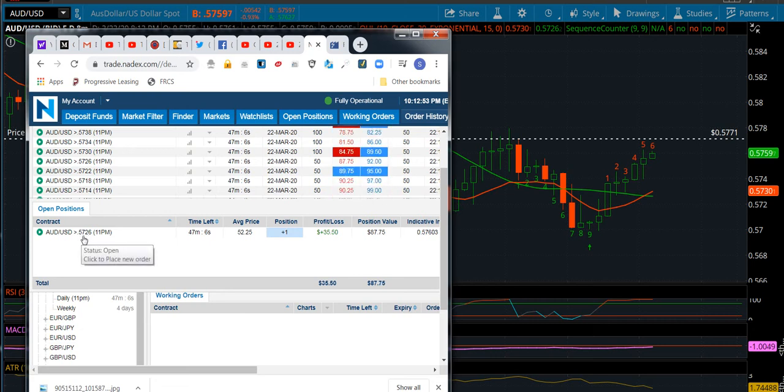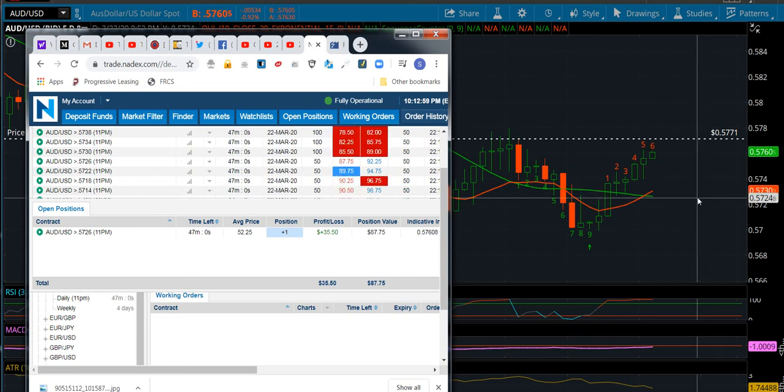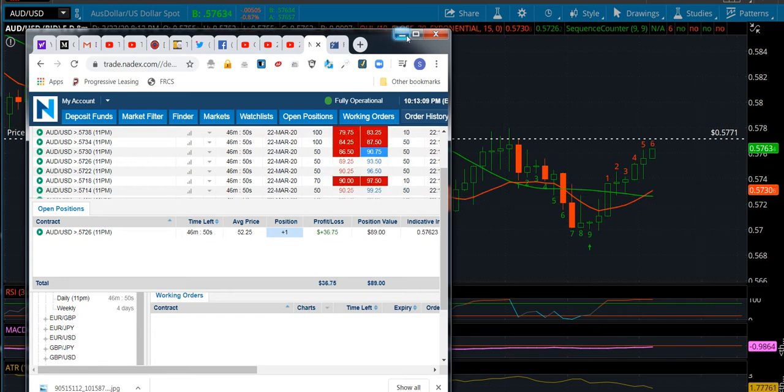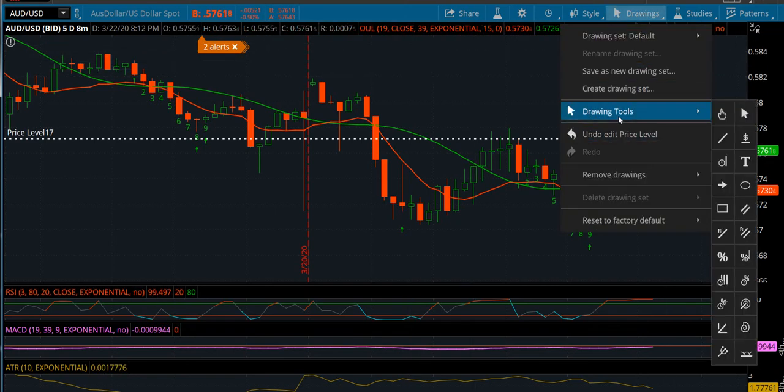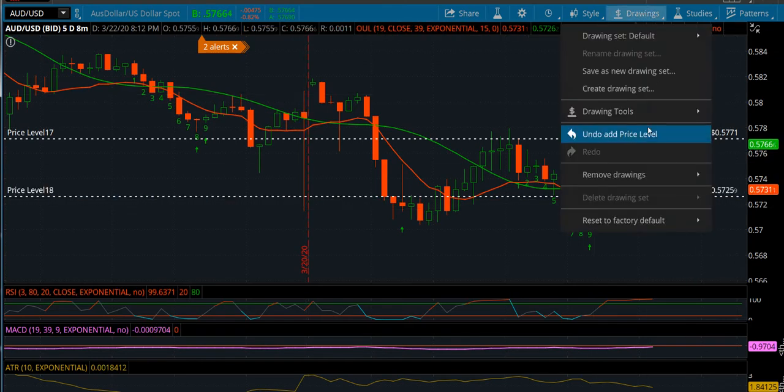because as long as price is above 57.26. 57.26 is down here. So as long as price stays up above this, let me put a line there. 57.26. Close enough.